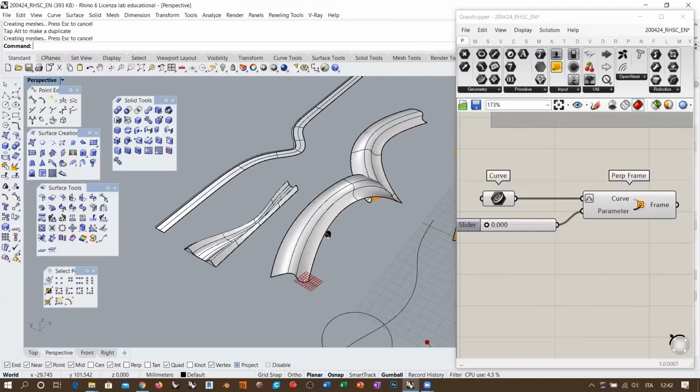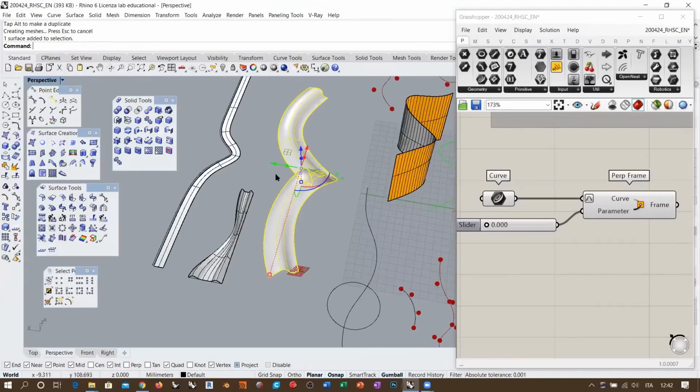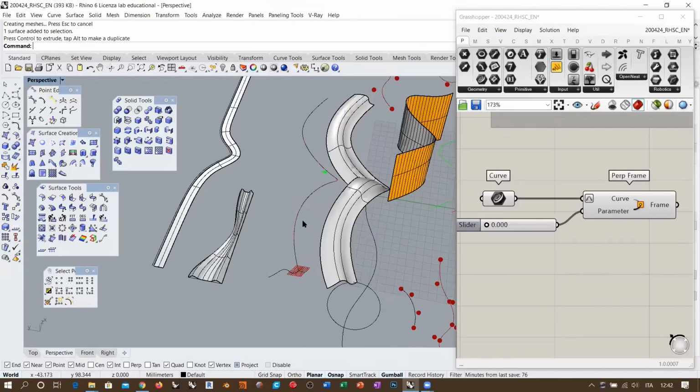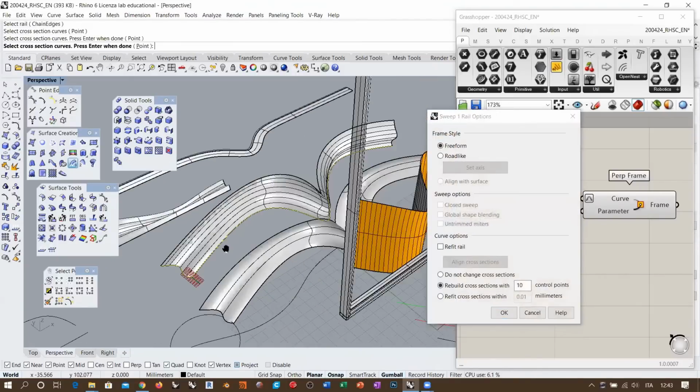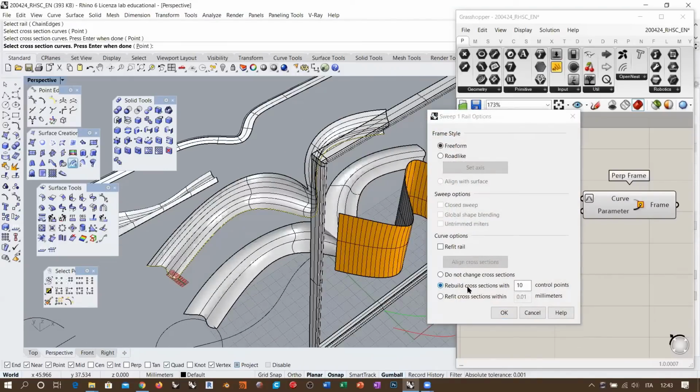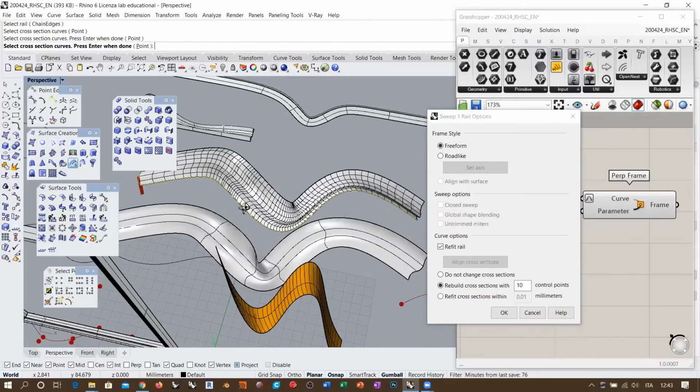And one last consideration: I'm going to move this surface away, and I'm going to use this freeform curve, which has some internal knots and spans, of course. And I'm going to create a sweep one with this. In this case, not only am I going to rebuild the cross section, I'm also going to refit the rails, and you see the effect.